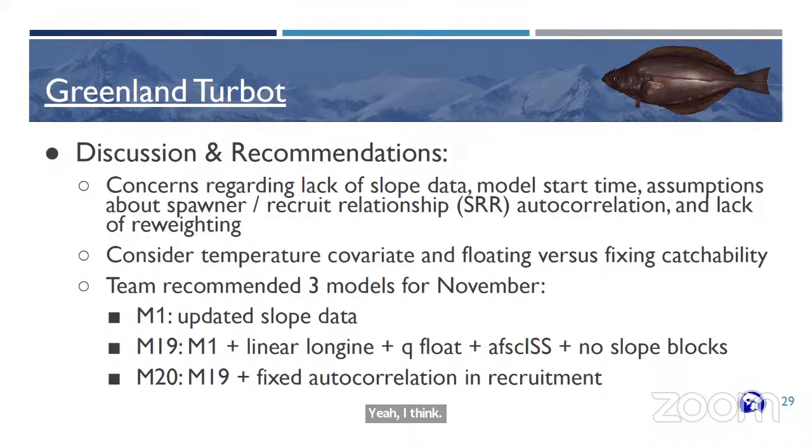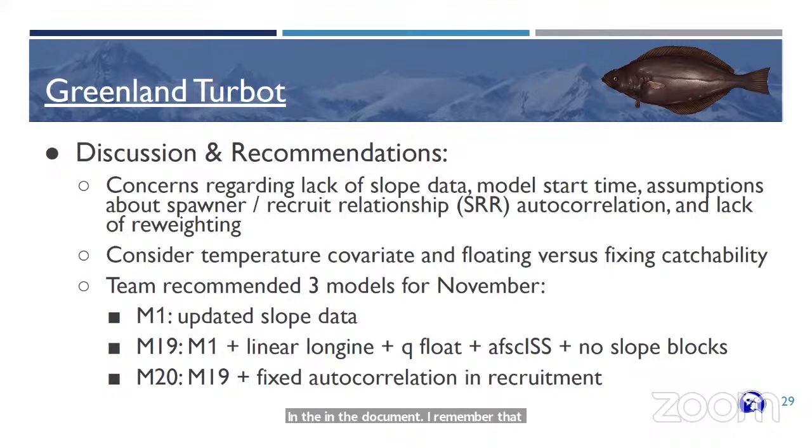I think the difference is that M18 is based on M17, which does have the slope time blocks. So I think that's the difference. Oh, M18 also has the slope time blocks. That's probably what it is. They had some long discussion about it, but there's a lot of justification in the document for taking out the slope time blocks. I remember that.